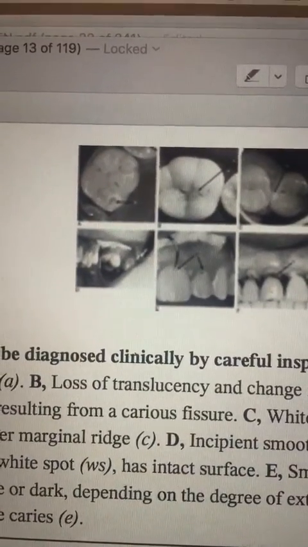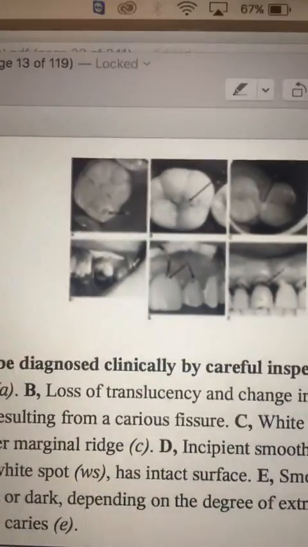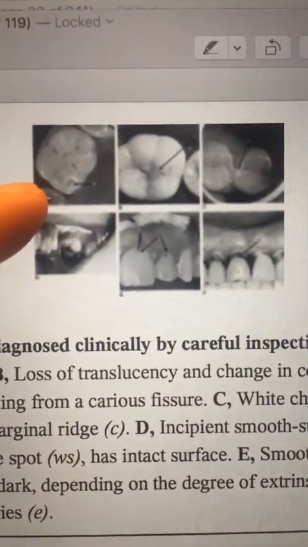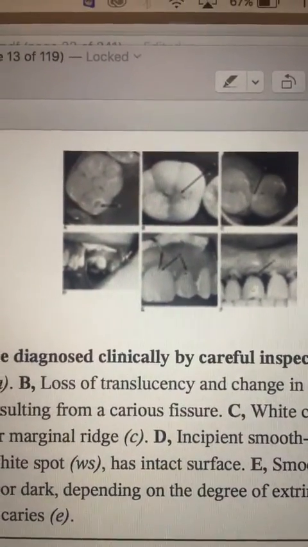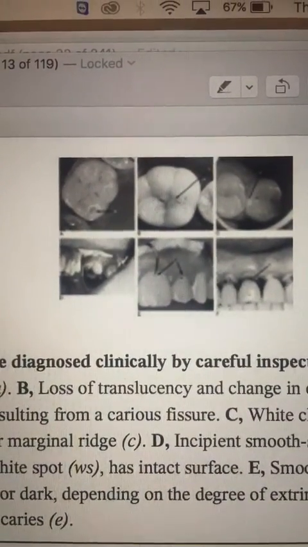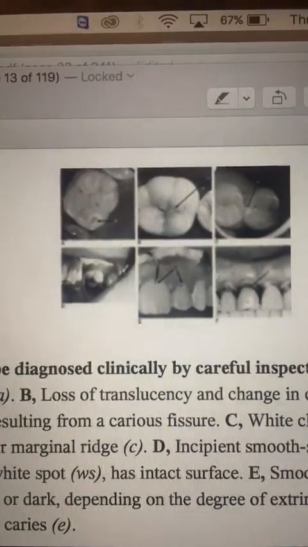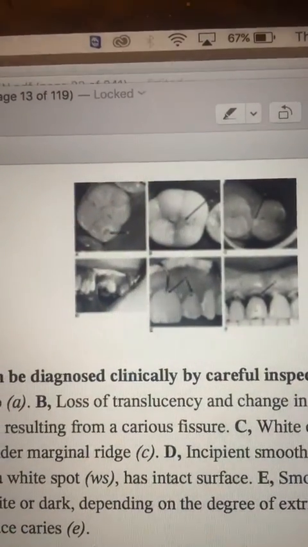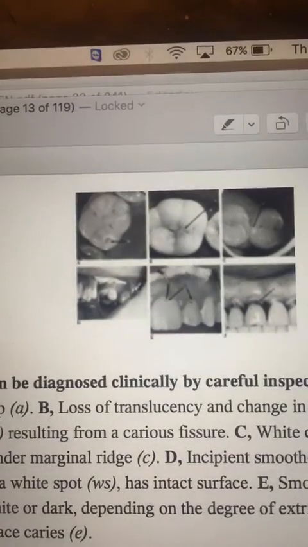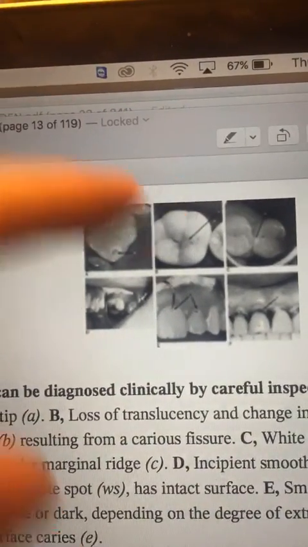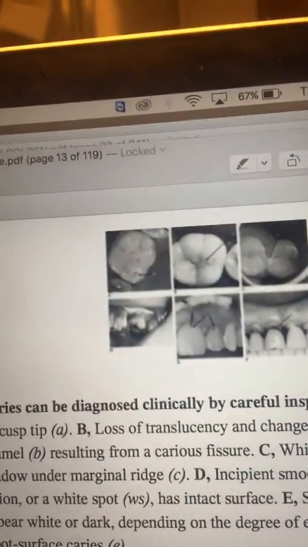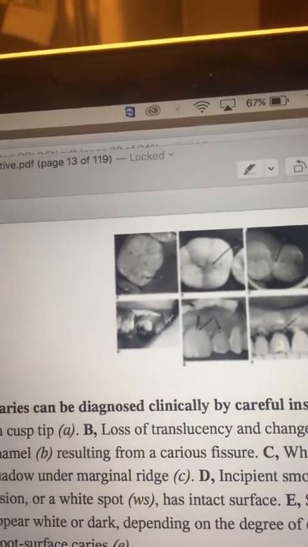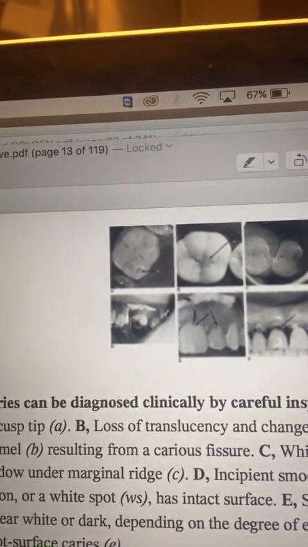A caries pit on a cusp tip, a loss of translucency and changing color of occlusal enamel resulting from caries in the fissure, a white chalky appearance in the shadow under the marginal ridge.